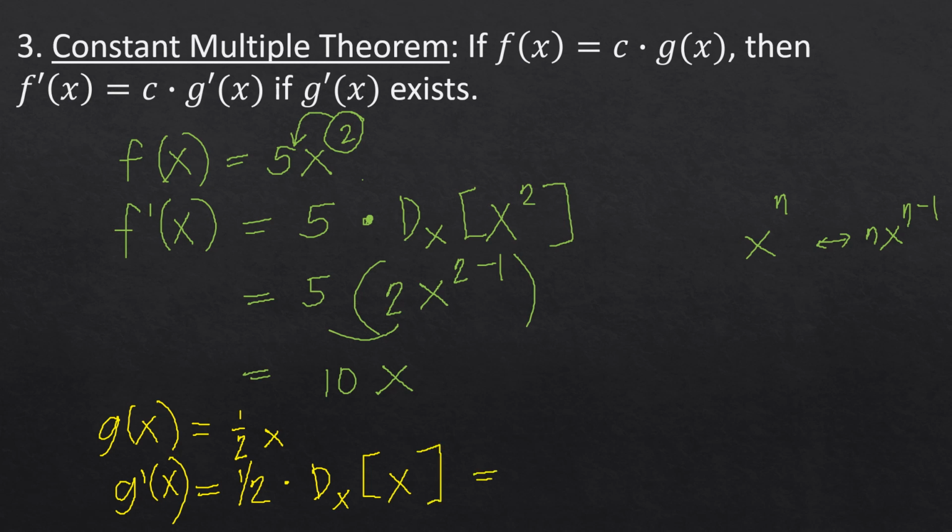The derivative of x is simply 1. Why? Because x raised to 1, subtract 1, bring down 1, so that will be 1 times x raised to 0, or simply 1. So the answer will be 1 half times 1 is 1 half. So that is the derivative of function g.